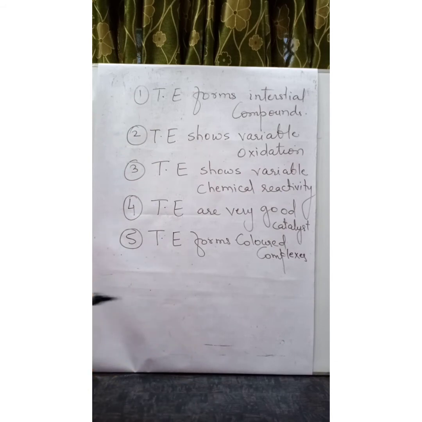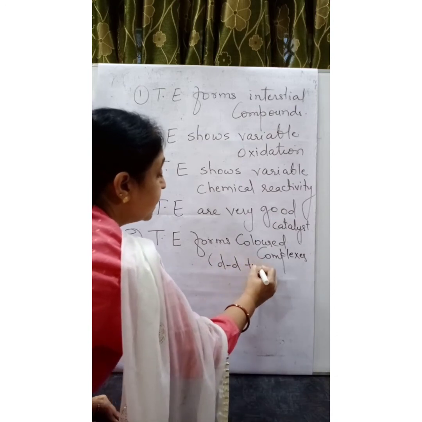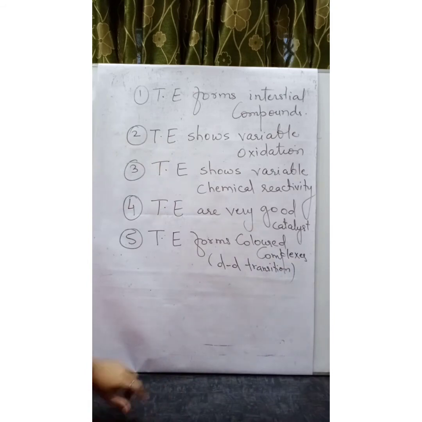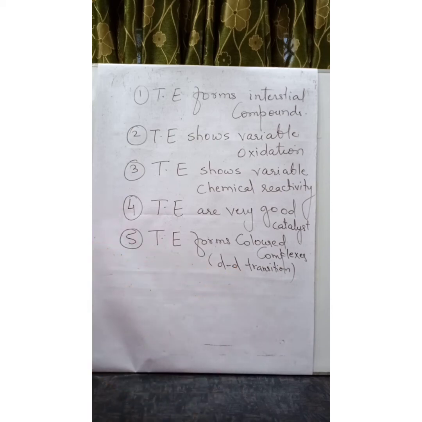So this excitation within d orbitals is known as dd transition. While dd transition is taking place, light is absorbed, and the complementary color of the light absorbed is seen in the form of color by our eyes.